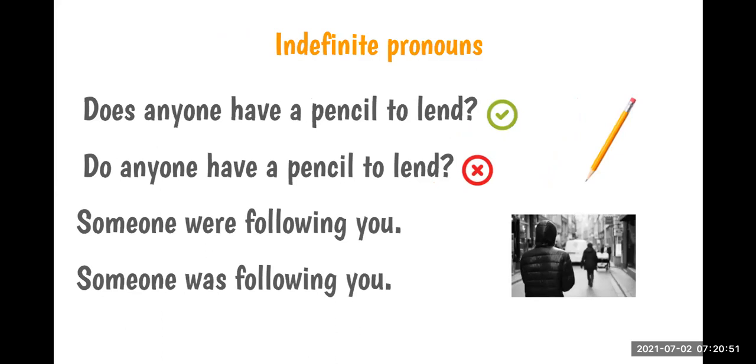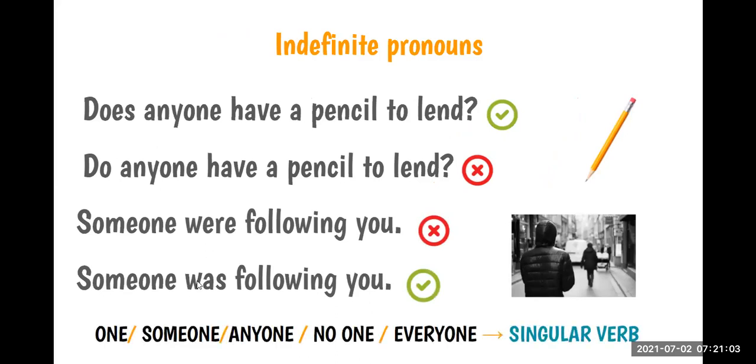The second one, someone was following you. Very good, because we are using a singular verb, right? So remember, when we have any of these indefinite pronouns, someone, anyone, no one, everyone, the same with nobody, anybody, anything, all these are with singular verbs. All of them are used with singular verbs, okay? So be careful with these indefinite pronouns.